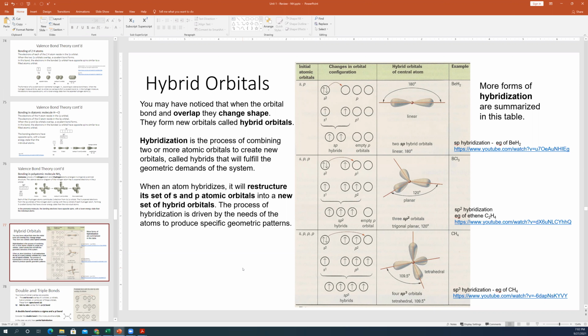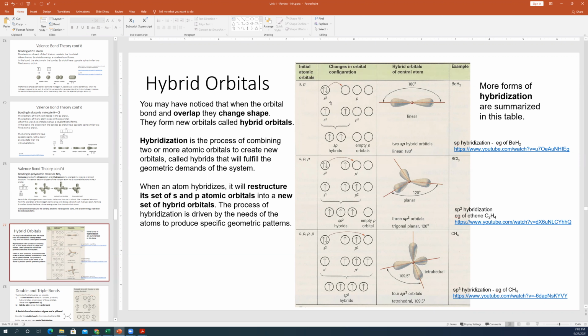So let's cover very quickly this table, where I've summarized what happens when you have initial atomic orbitals like s and p, or s and 2 p's, or s and 3 p's coming together, and how you change the orbital configuration to form a new set of hybridized orbitals. There are also examples of molecules in which this hybridization happens.